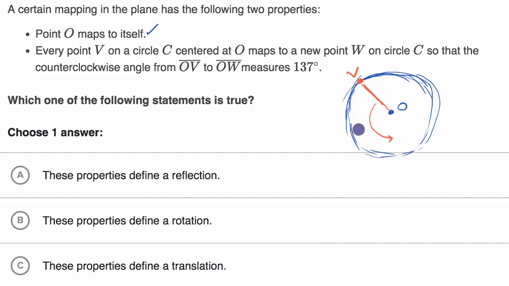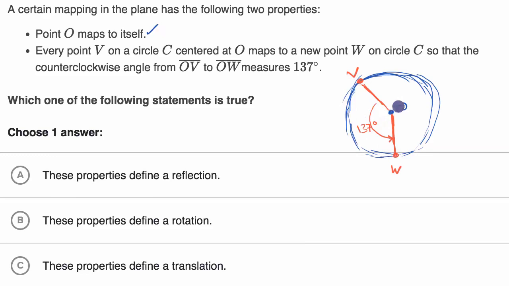And this would be the segment OW. W would go right over there. If we're talking about angles and we are rotating something, this point corresponds to this point. It's essentially the point has been rotated by 137 degrees around point O.